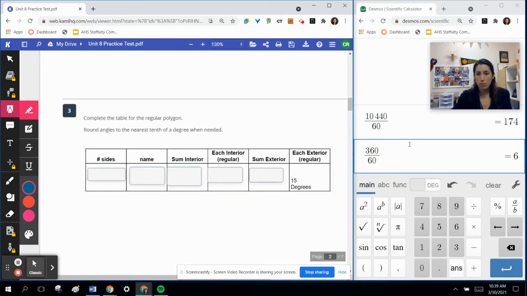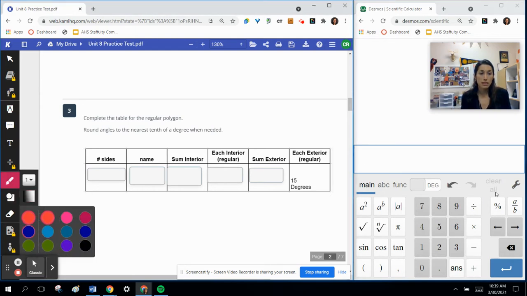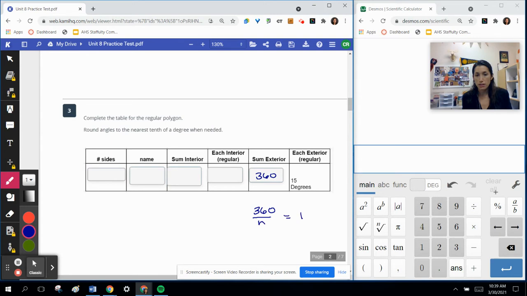And with our last problem here, we are given each exterior angle. So we're going to use that to help us figure out how many sides we have. We know that the sum of exterior is always 360, and when we take that 360 and divide it by n, our answer is going to be this 15 degrees here.